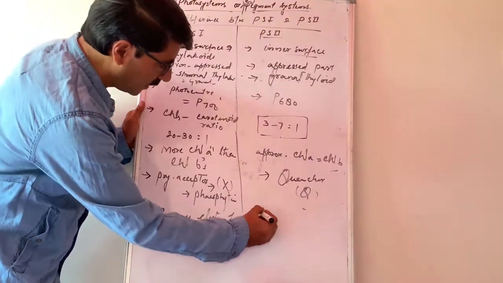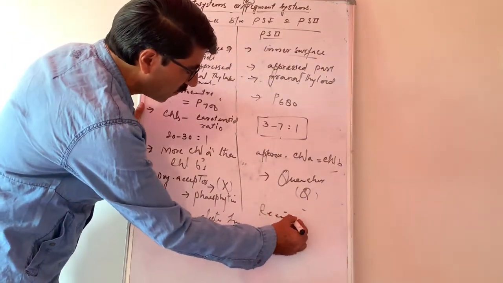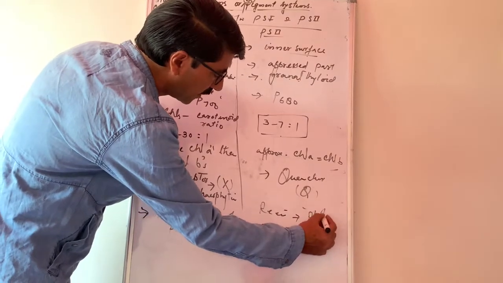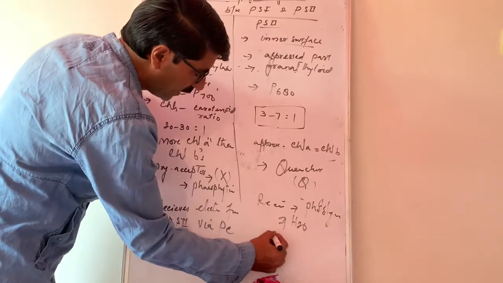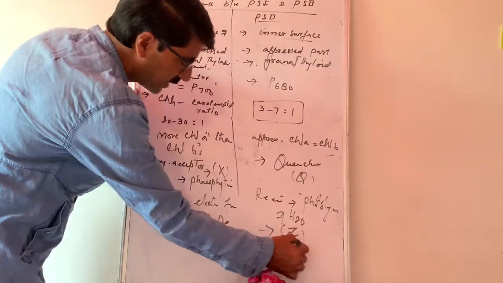Now here, this receives the electrons from the photolysis of water, and through an unknown compound which has been named as Z.